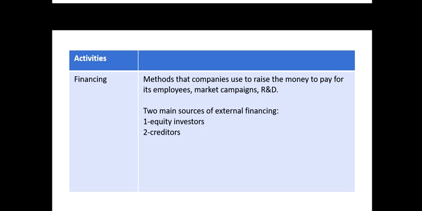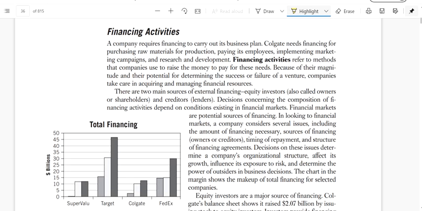So there are two main sources of external financing, that are equity investors and creditors. Okay, so now you all refer buku teks page 17 page 16. So kalau dekat PDF tu 36 lah.